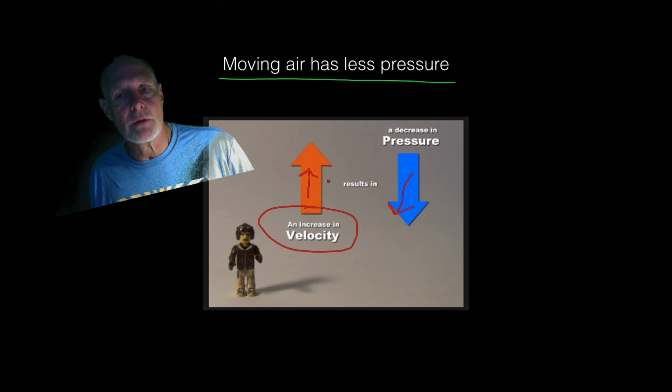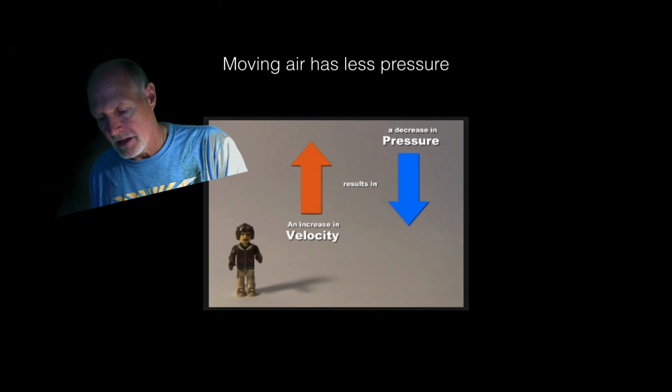So when something is moving fast, the pressure goes down. That's just the opposite statement of what we have up here. So you can either remember it that moving air has less pressure, or as you end up increasing in speed, you're going to have a lower pressure. I guess that's not the opposite. They are exactly the same thing.